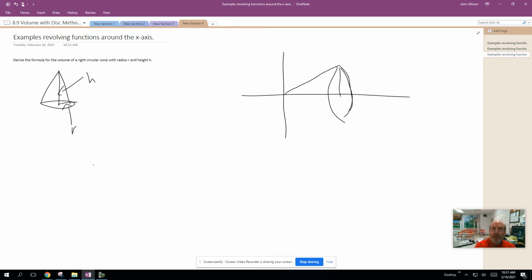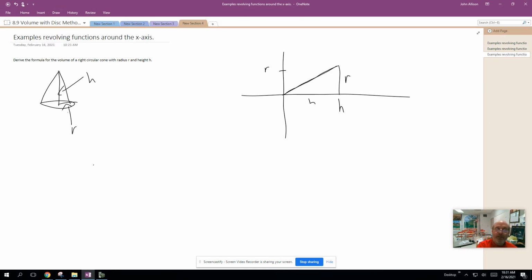So what we see is, if we take this little triangle, where this is the radius and this is the height of that cone, and we revolve it around the x-axis, we end up with the same cone. So here, this is the x-coordinate h, and this is the y-coordinate r. And so what I need is the equation of this line.